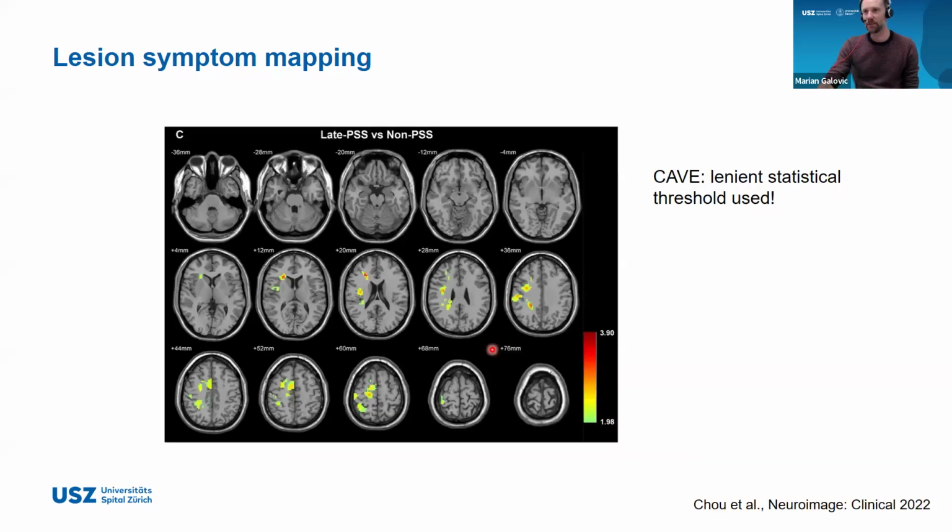Lesion symptom mapping has been performed for post-stroke epilepsy, and this is one study published in 2022. Here are some clusters or blobs that you can see that were associated with developing post-stroke epilepsy. But you have to be very careful when interpreting these results, because the statistical thresholds used in this study were quite lenient. So it's not very robust, I would say.